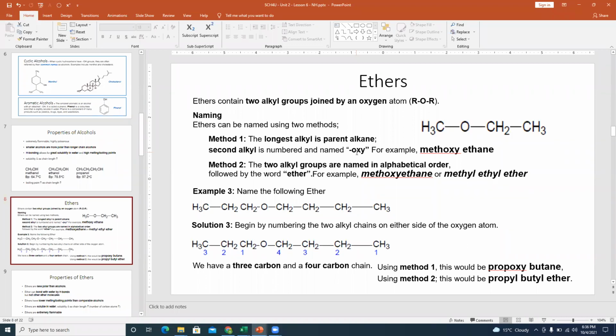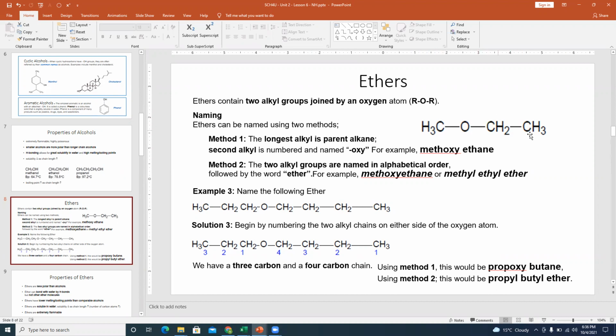And the first method, the longest alkyl is the parent alkane. And the second alkyl is numbered and named oxy. For example, here, methyl and ethyl.